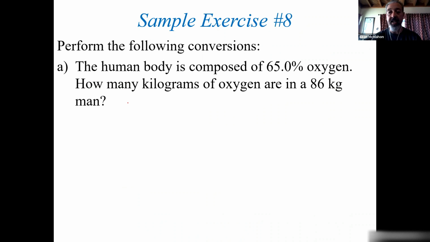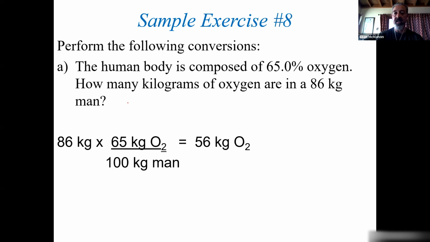So the human body is composed of 65% oxygen. How many kilograms of oxygen are in 86 kilograms, right, of a man? The 65% basically means 65, right, oxygen per 100 of body.